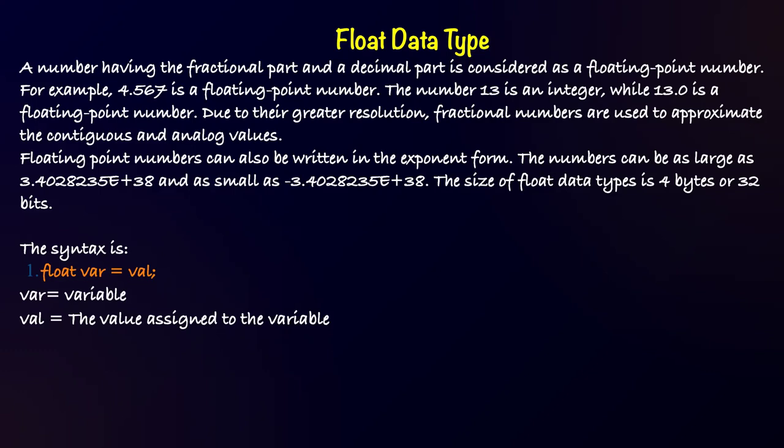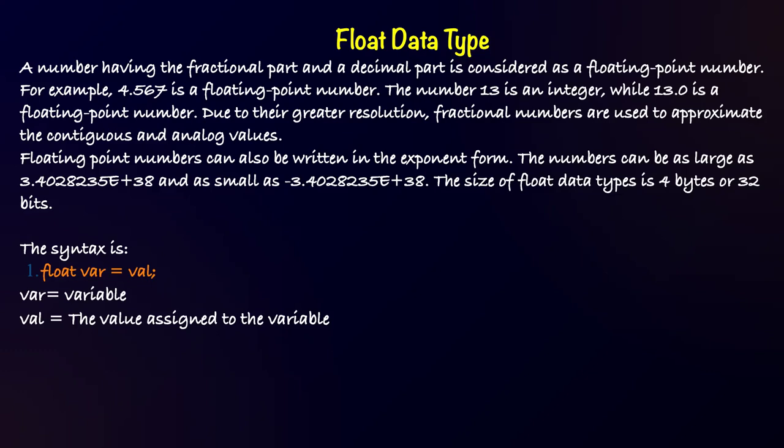Mathematically both are the same, but the type varies in a programming language. One is a whole number, or integer, and the other is a decimal. So 13 and 13.0 are totally different types. One is int, that is integer, the other is float, that is floating type variable. I hope this is clear to you.